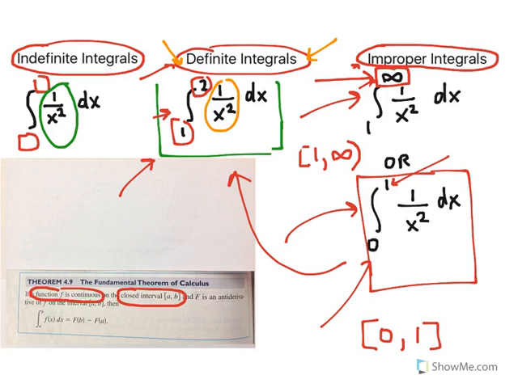However, this is an improper integral because of the requirement from the fundamental theorem that the integrand be continuous on the closed interval. Here the integrand is 1 over x squared, and it is going to have an infinite discontinuity at x equals 0.